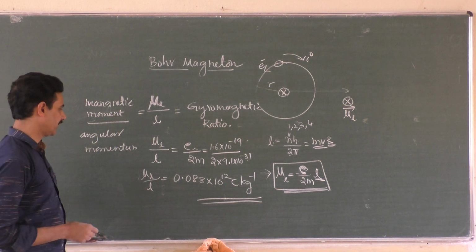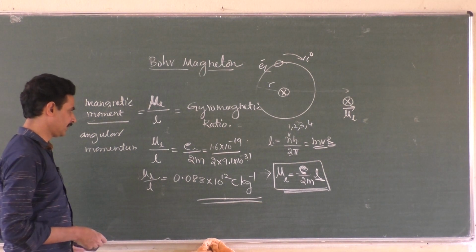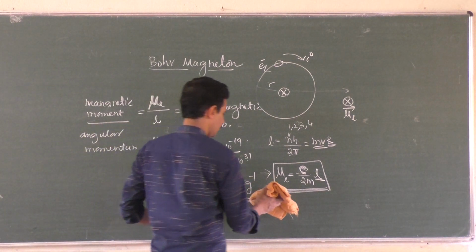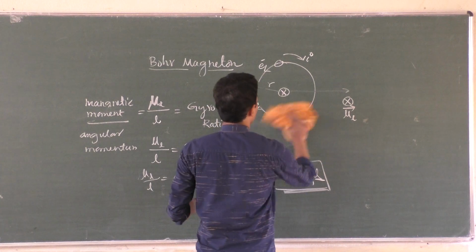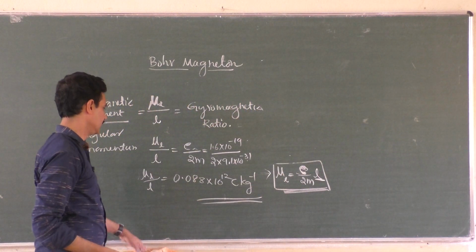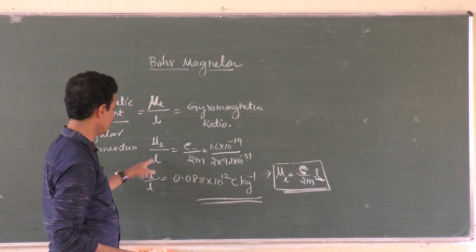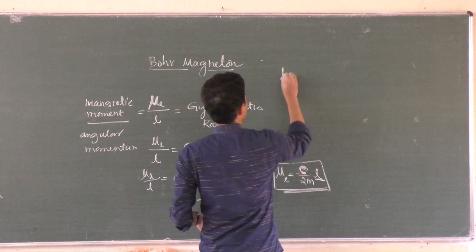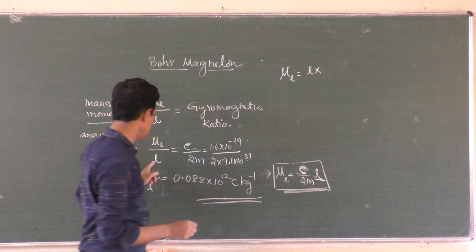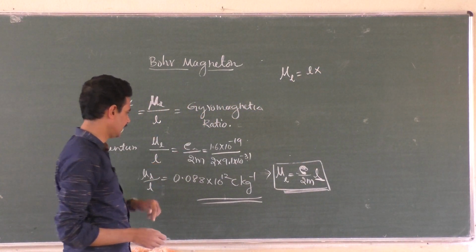So what is Bohr Magneton now? This is an intermediate derivation, a diversion here. Suppose you want to know what is Bohr Magneton, you continue it like this. We will continue from mu L is equal to L into the magnetic moment of an electron due to orbital motion, which is equal to L into e by 2m.